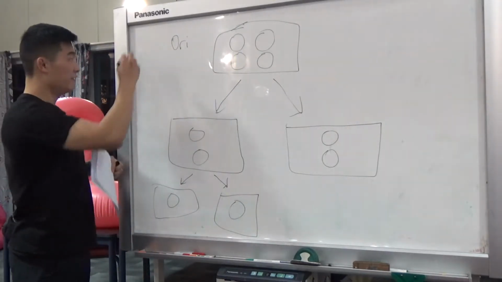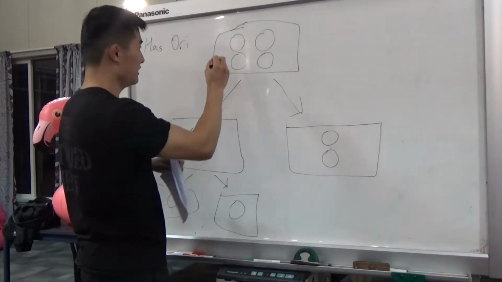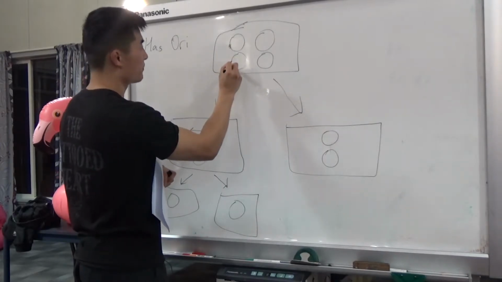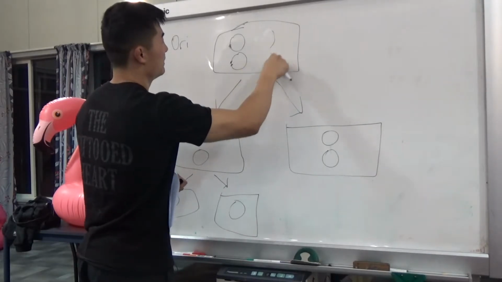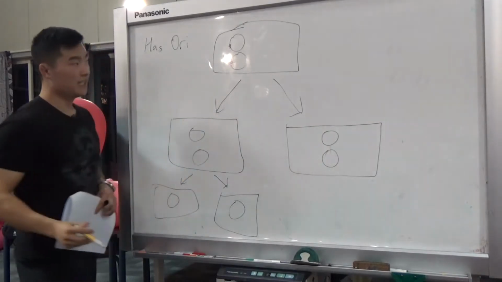So you need to have the origin of replication on it. Let's say it's this thing here. So let's say you just start off with 2 plasmids in the cell.